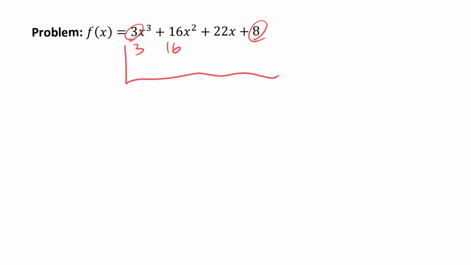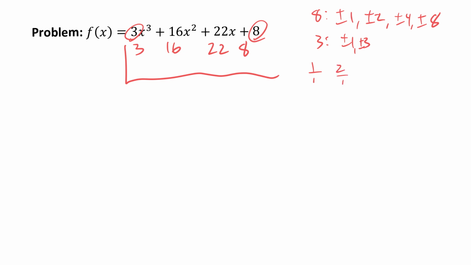All right, so let's set up our synthetic here. And our options are, well, for 8, the factors are plus minus 1, plus minus 2, plus minus 4, plus minus 8. The factors of 3 are just 1 and 3. So we have 1 over 1, 2 over 1, 4 over 1, and 8 over 1, all plus minus.